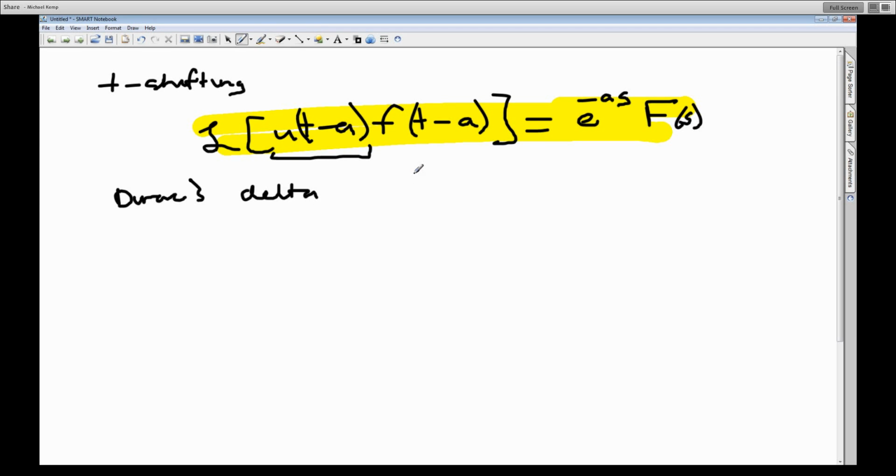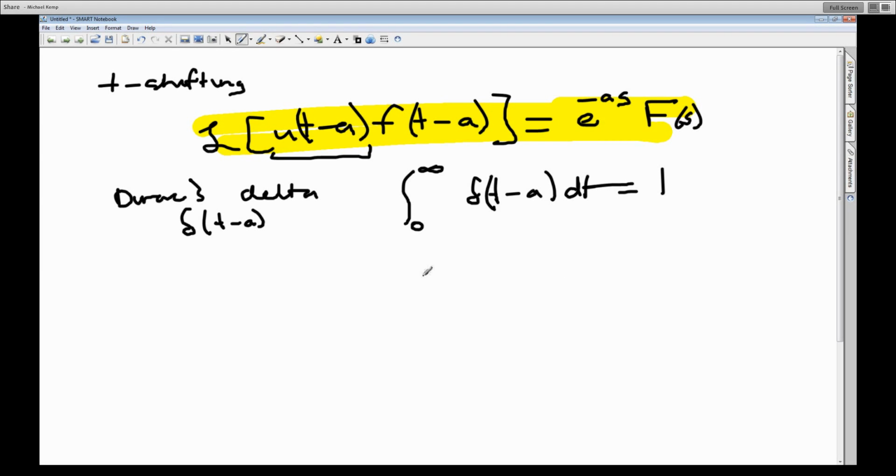So essentially, it's called delta, and again I'll do it t minus a. So if you integrate from 0 up to infinity of this Dirac delta function, then you get 1. So it's a function that's defined so that the total area of the curve is 1. That's one definition. That's useful to remember.